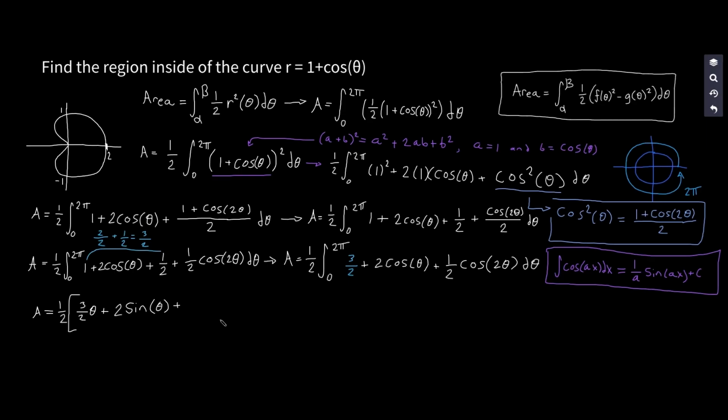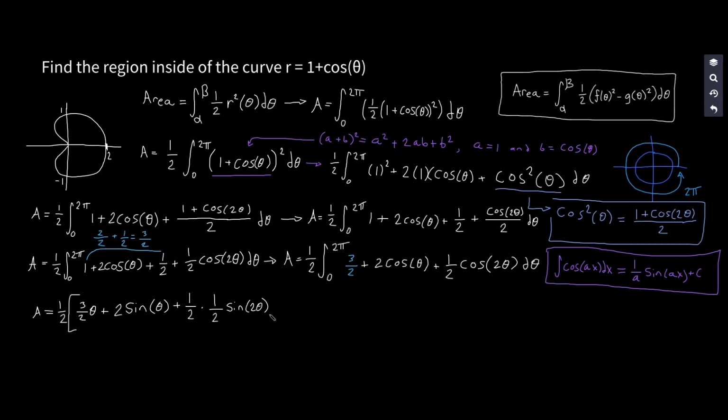Now that we've established that, first we'll factor out that 1/2 for a second. We're going to take the integral of cosine of 2 theta. We bring out the coefficient 2, which goes to the denominator. Then we integrate cosine, which is just sine, and what's in the parentheses stays the same, 2 theta.